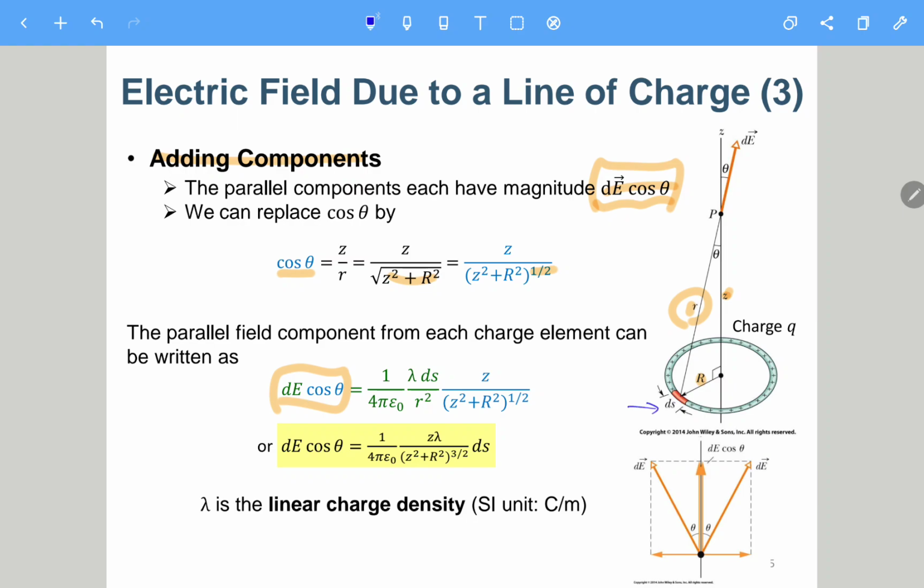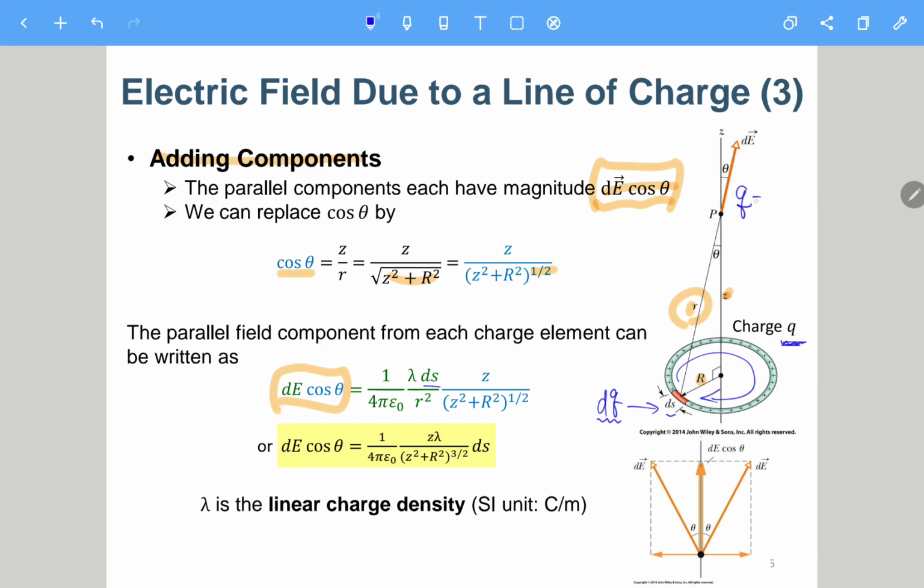This part ds should have the charge dq, and we would like to integrate over the ring with variable ds. Here we will know ds and dq should have some relationship, and the total amount of charge is q. This is the total amount of charge q.